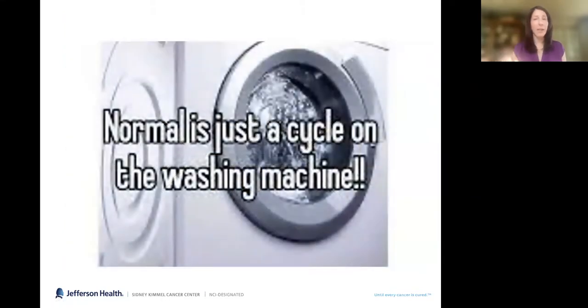And so before I go any further, I will tell you that on my first day of my job at Jefferson, somebody I worked with brought me a little thing for my desk, and it said normal is just a cycle on the washing machine. So you guys all get those ranges of normal, right? But the truth of the matter is, even for a healthy person, they may not apply, because the range of white blood cells was determined originally by a group of white men in their 40s.